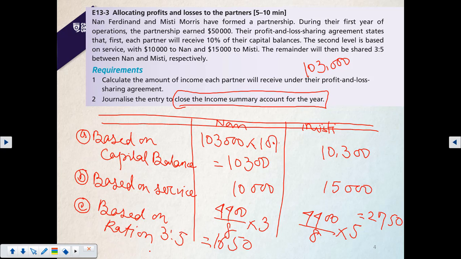Capital and draw, right? Capital with whom? Revenue minus expenses is profit, right? Assets minus liabilities. I need the journal entry. What is the journal entry here?